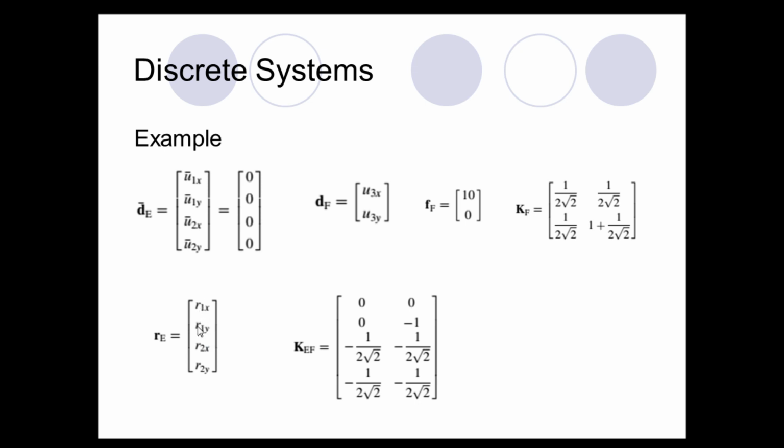RE is the reaction forces. It's a vector with 4 elements. Then we have the KEF, which couples the essential nodes with the free nodes. So it's a 4 by 2 matrix.